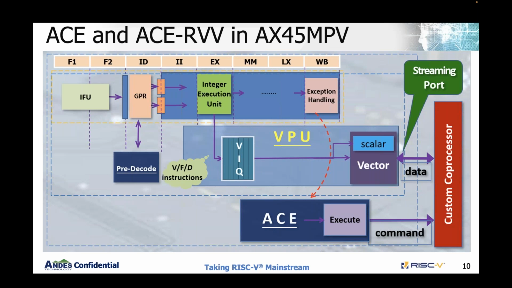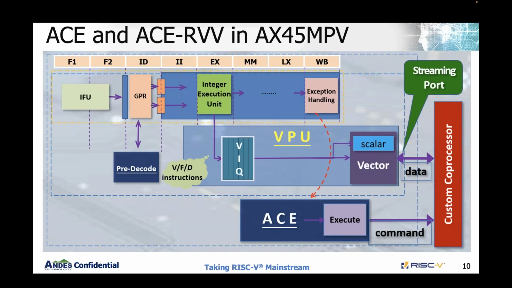One important feature is the streaming port. It provides a high-speed interface between the external memory and the vector units. Let me describe how it works. You design the ACE instruction to send a command through the command port to the external custom coprocessor.